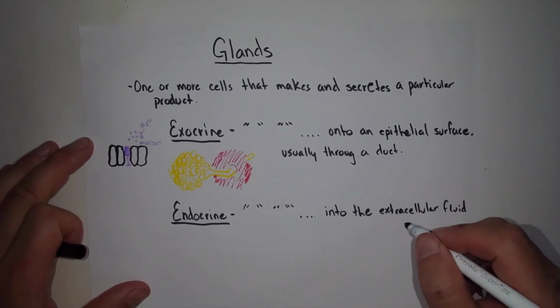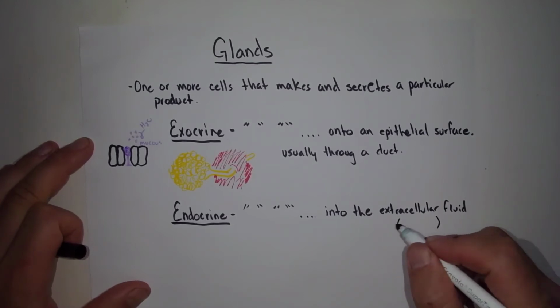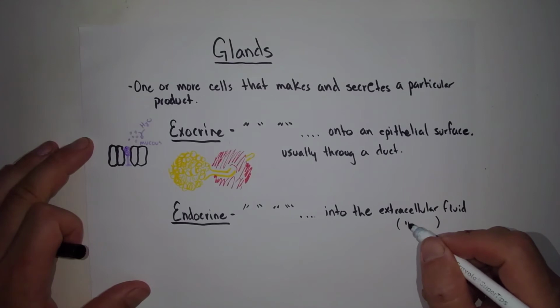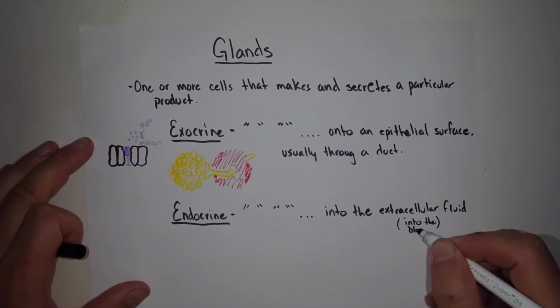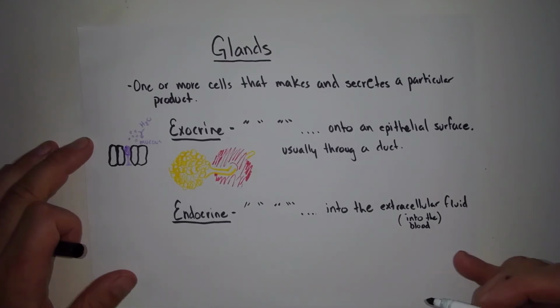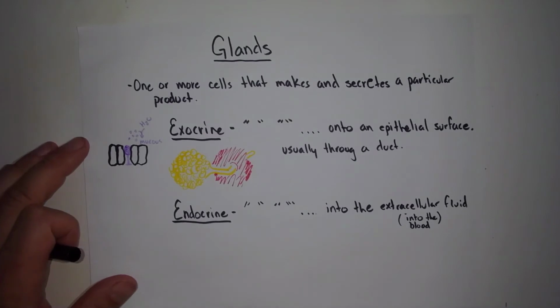But for all intents and purposes, we could say eventually into the blood. And these are ductless glands. They don't have ducts like some of the exocrine glands.